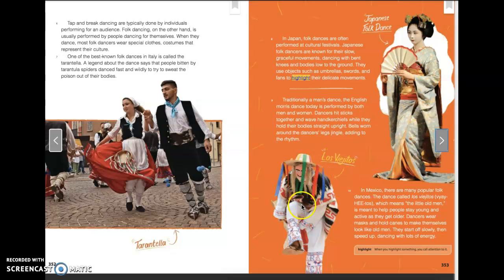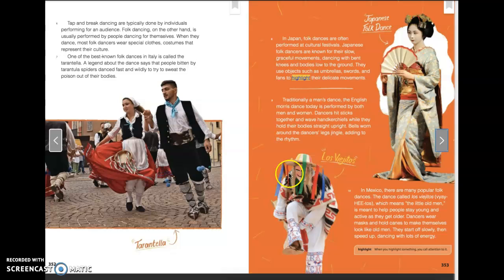So it's showing me the labels, it's showing me what the people look like doing that. What new information do you learn from the photos that is not in the text? The labels in the photos show a Japanese folk dancer and a Mexican folk dancer who are dressed in traditional costumes that represent their cultures.